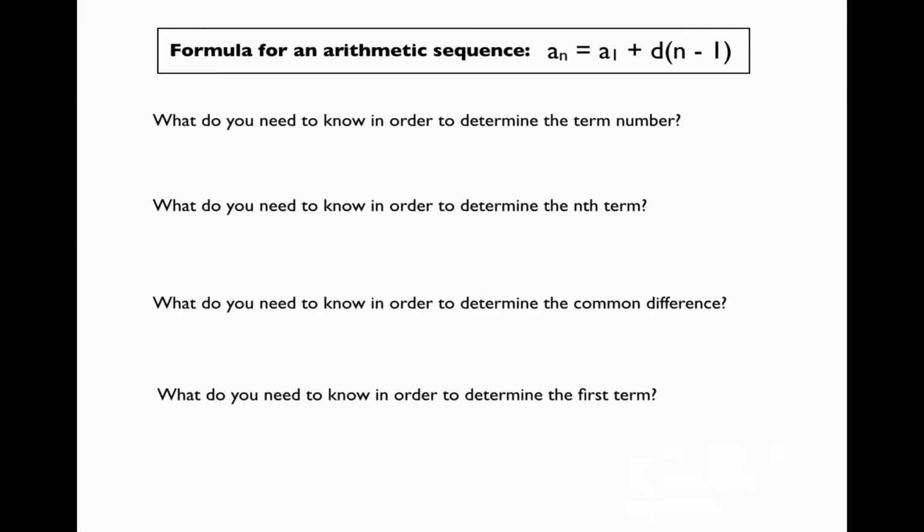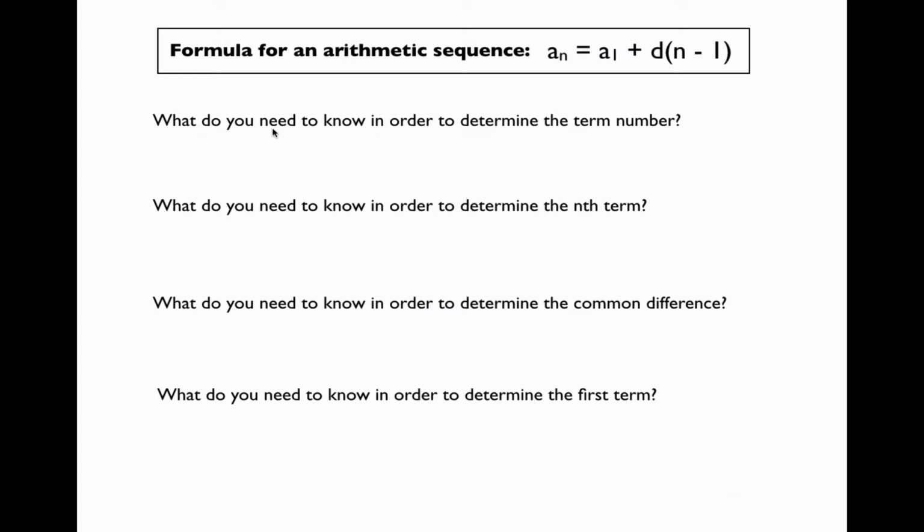All right, let's review some simple algebraic concepts. If we want to find the value of one variable in a formula, how many other values do we need to know? We need to know all the other values. We can only solve equations that have one unknown right now, not 2 or 3.